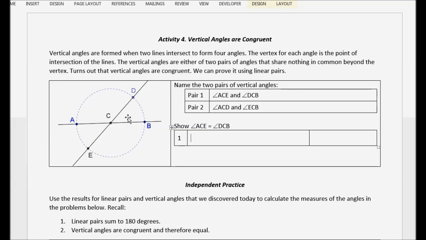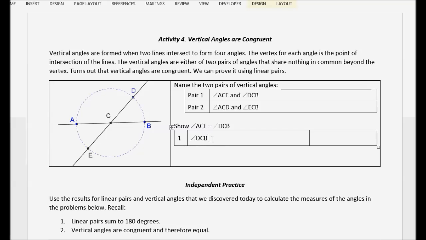And what we know from the linear pair work we've already done is that linear pairs sum to 180 degrees. So I can take these two, DCB and ACD, which form a linear pair, and these two, ACD and ACE, which form a linear pair, and I can manipulate the equations to show that these angles are equal. So let's start with our linear pairs.